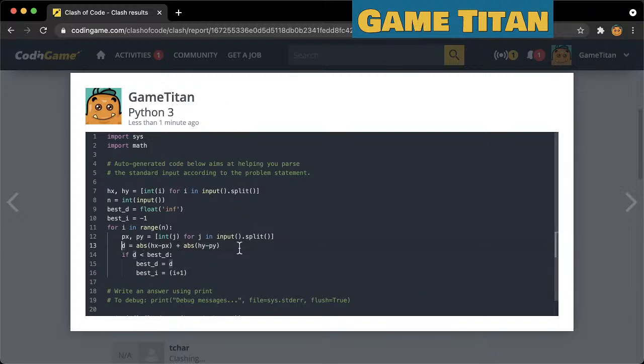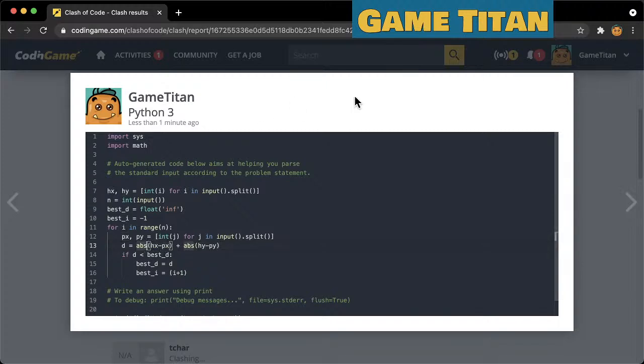So here we're just saying take the difference in the x-coordinate, that's left and right, between your house and the pet store, and it doesn't matter if it's negative, meaning you're going to the right, or positive meaning you're going to the left, because that means your house is higher x than the pet store.